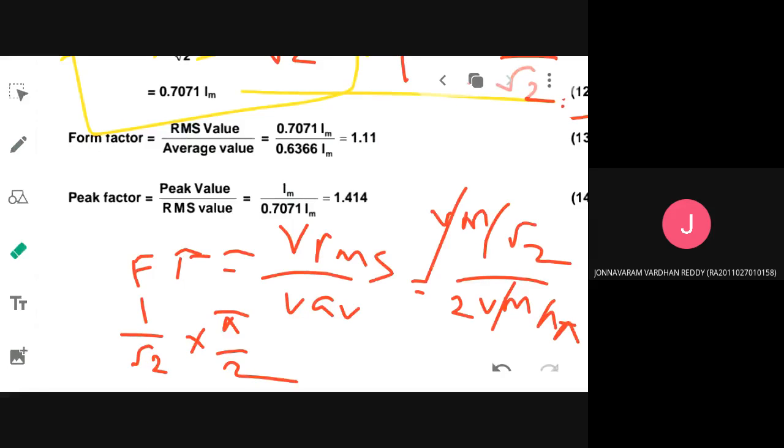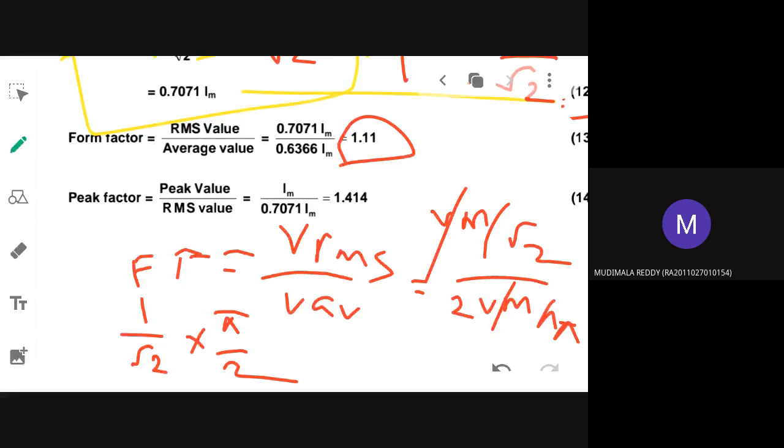Are you getting 1.11? All are getting 1.10 something.